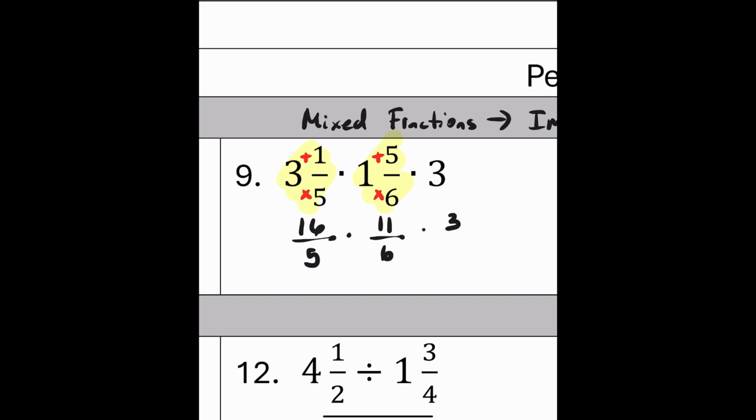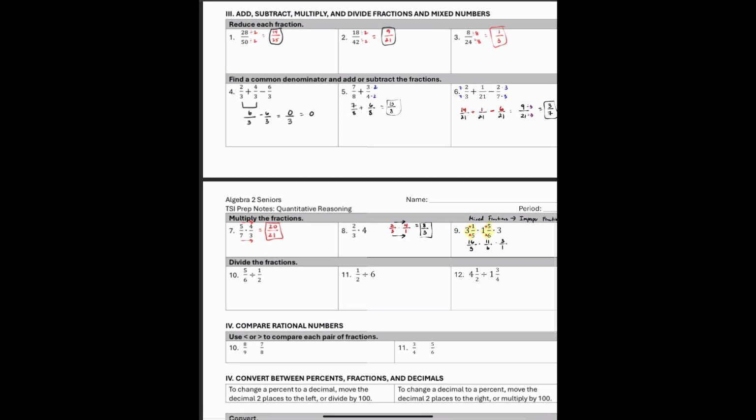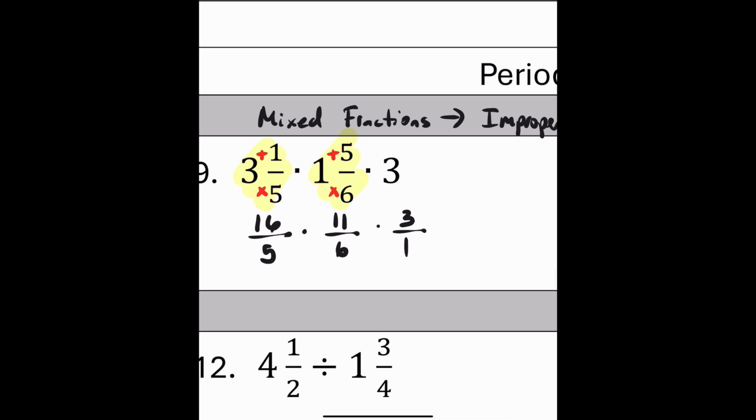Times 3, or 3 over 1. So the first two numbers, we converted the mixed fractions into improper fractions. So now we can go ahead and multiply straight across, just like what we did with numbers 7 and 8, right?